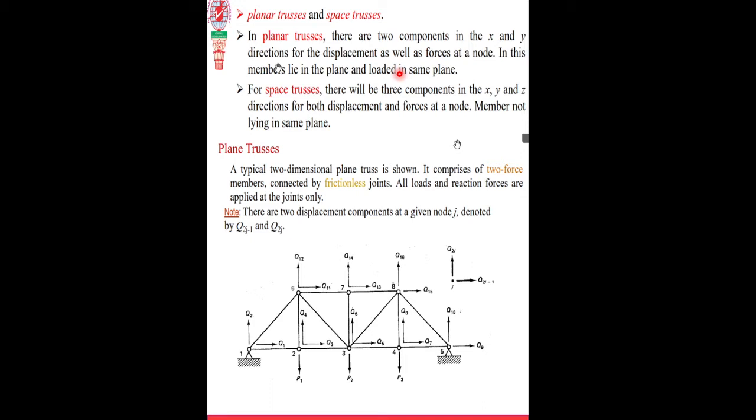Hello? Can you hear me? Did I explain or not the beam and bar element? Please respond.